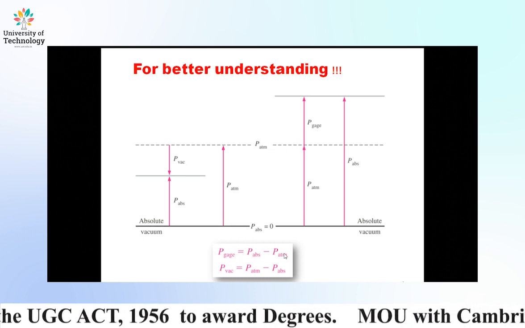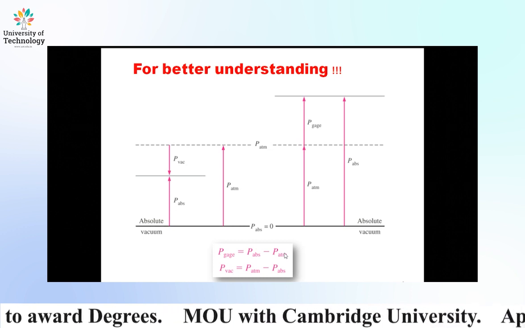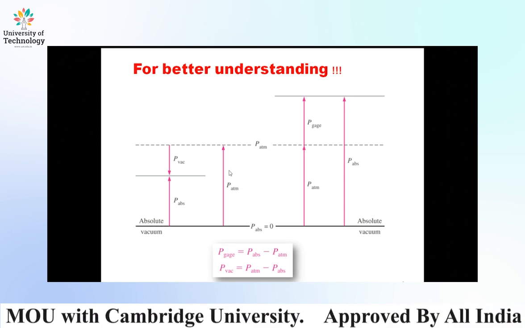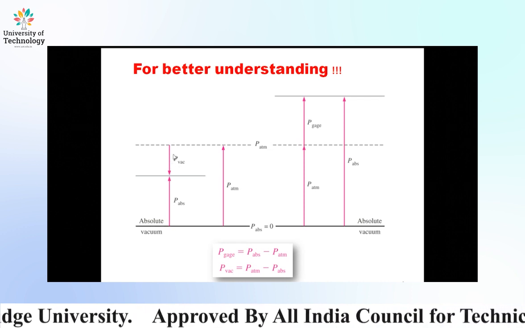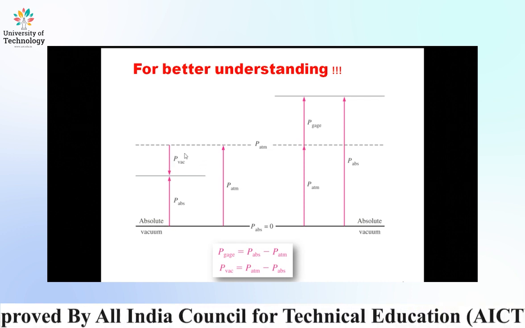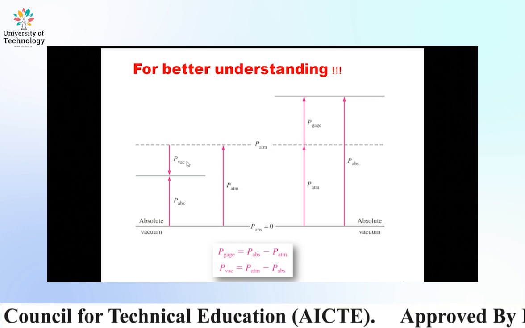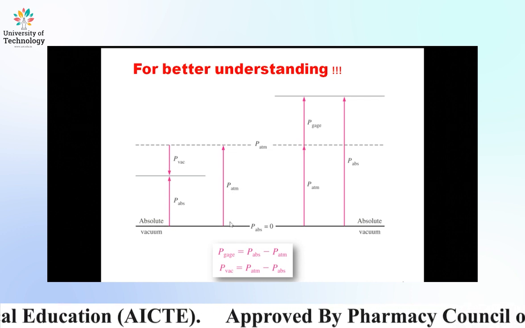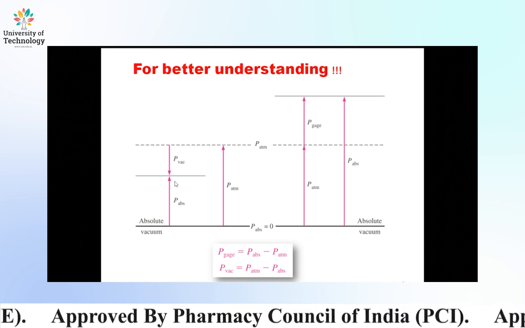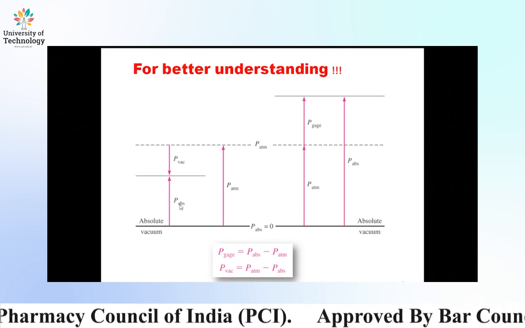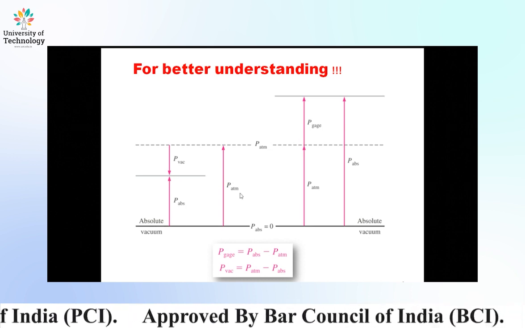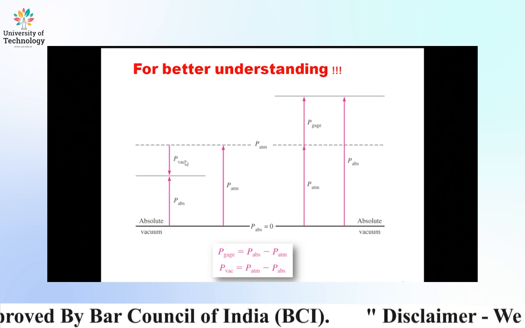Now, look at this diagram. The vacuum pressure. Vacuum is the negative pressure, meaning lower than that of atmospheric pressure. So this is the atmospheric pressure. We want to measure pressure at this point. This is the absolute pressure. So absolute pressure is equal to atmospheric pressure minus vacuum pressure.